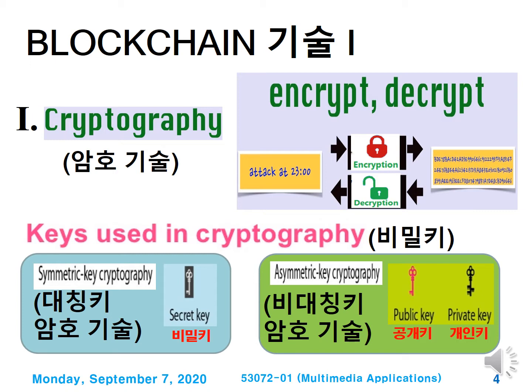So encryption means changing plain text into ciphertext, and the decryption process transforms ciphertext to original plain text.